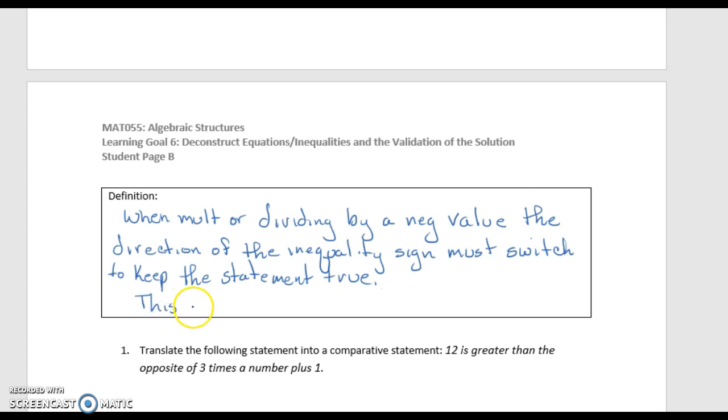This statement becomes part of the deconstruct story.